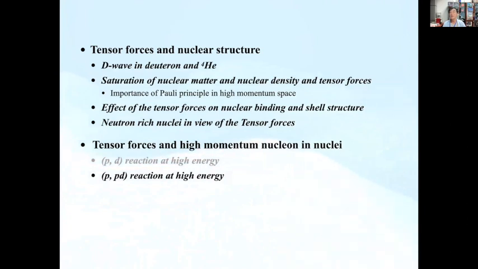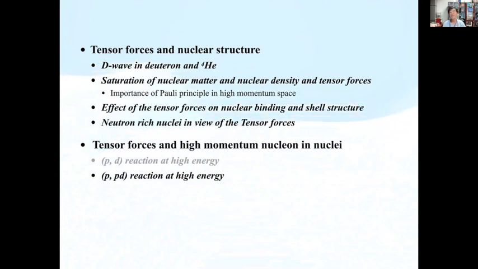There, we definitely know a lot of binding is available from tensor interaction. But the shell model space is roughly limited to the Fermi momentum. So the momentum space in the wave function is restricted in the shell model. It's almost always low momentum space for nucleons.